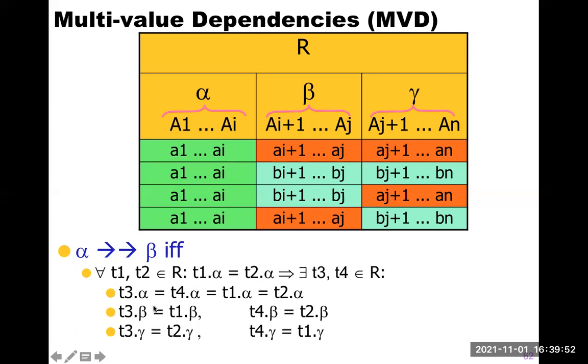Anyway, I need to say that T3 has the same as T first, and the same value in T2 and T4, that's one value combination. And T3 and T first is another value combination. So beta and gamma are changed here. So the picture is like this.